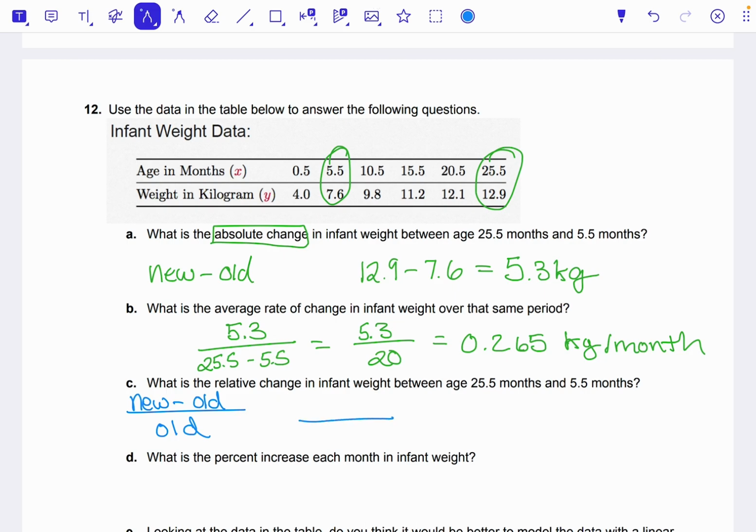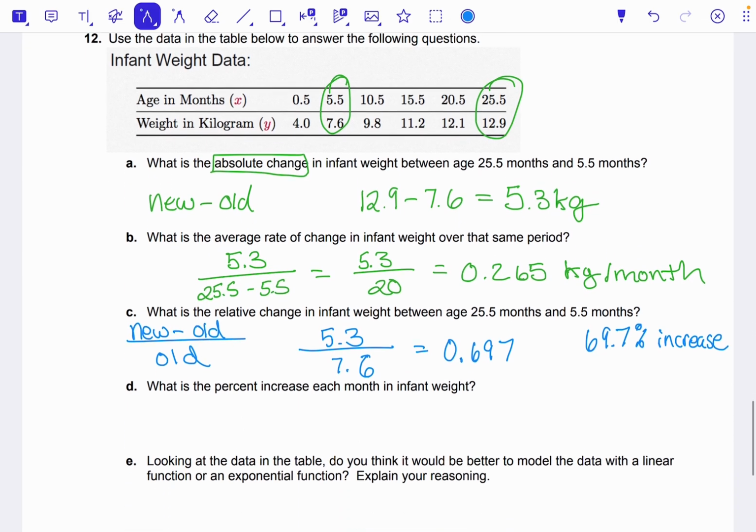And so in this case, we have that 5.3 we've already found, and then we're going to divide it by 7.6, the original weight, and I would end up with 0.697, which would be a 69.7%, and don't forget, increase in weight.